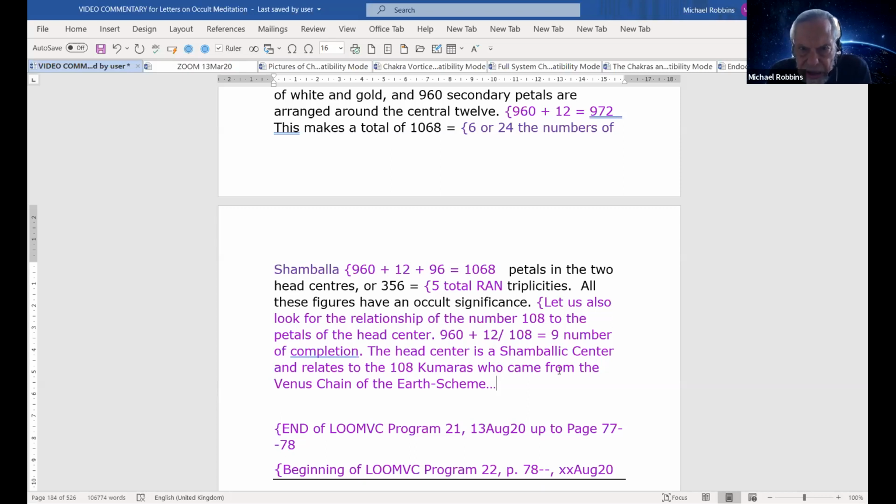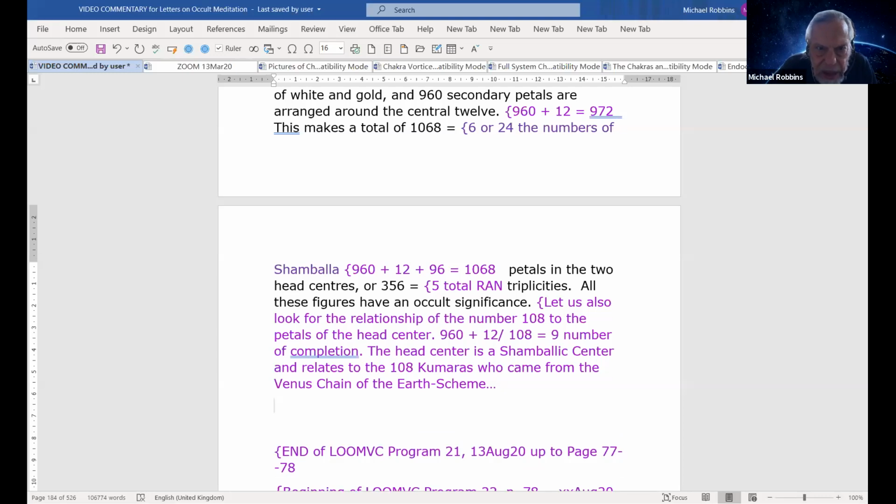Well, there's a lot of thinking that has to go into this. Oh, I wanted to say one more thing. If you divide 960, the number of petals that are around the main 12, by 108, you get this interesting figure, 8.888, and so on.